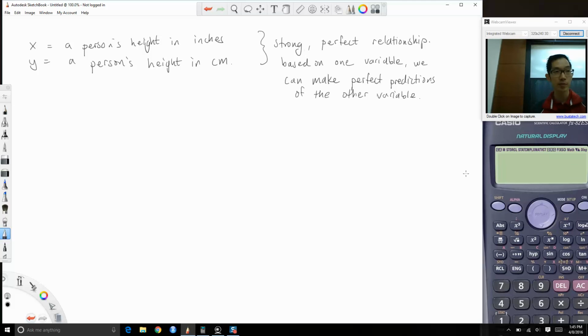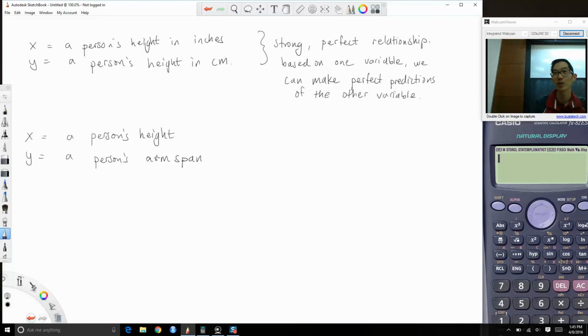Let's see, other things that would have a strong relationship, we could take a person's height, and then y could be a person's arm span. All right. Now, some people have relatively short arms.